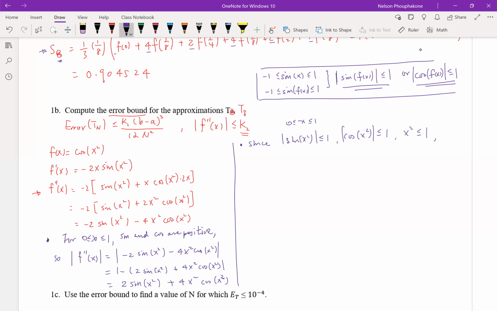Then now we could actually work with this one. This must be less than or equal to 2 times 1 plus 4 times 1 times 1. Then this is equal to 6.